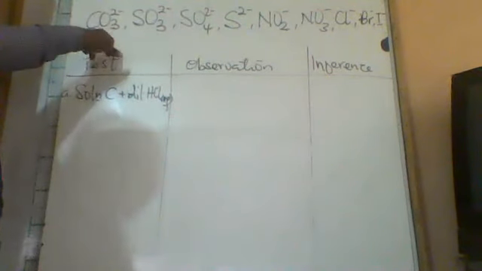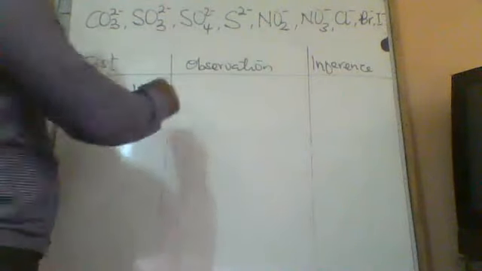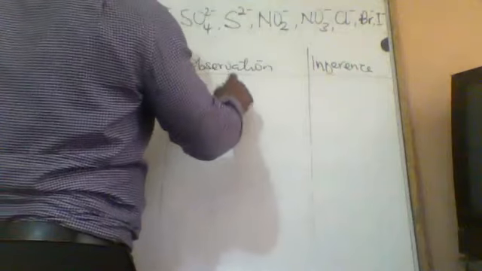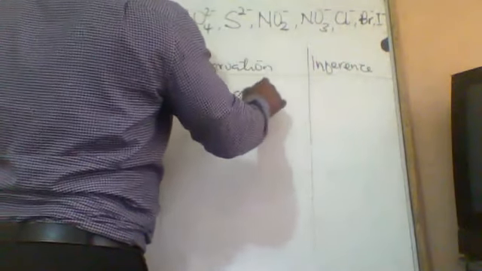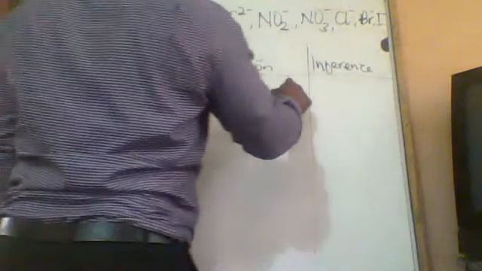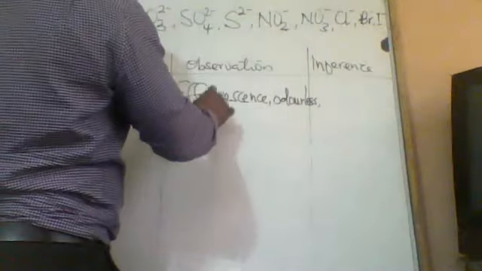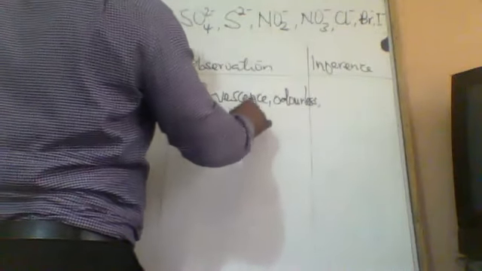If carbonate is there, then there's going to be effervescence. Effervescence, odorless, colorless gas evolved. The gas turns lime water milky.